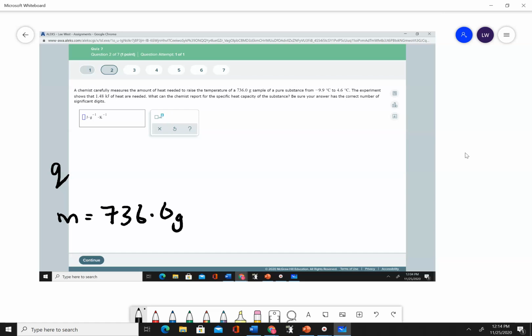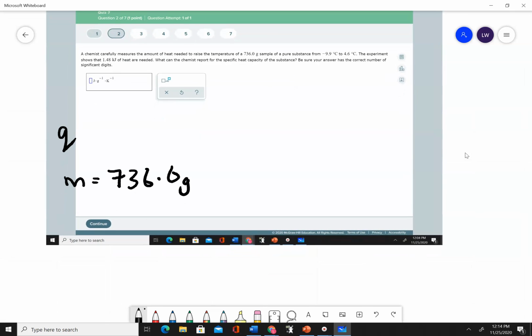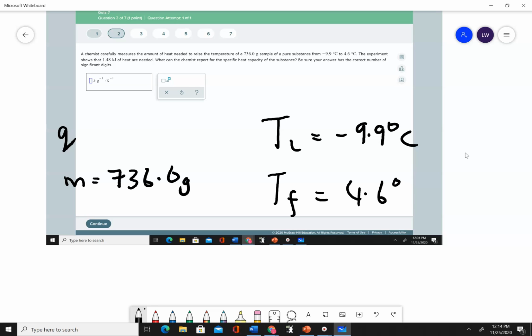To raise the temperature from -9.9 degrees Celsius, so that's my initial temperature, to 4.6 degrees Celsius, so that's my final temperature. The experiment shows that we needed to do this 1.48 kilojoules, 1.48 by 10 to the 3 joules. What can the chemist report for the specific heat of the substance? Be sure your answer has the correct number of significant digits.